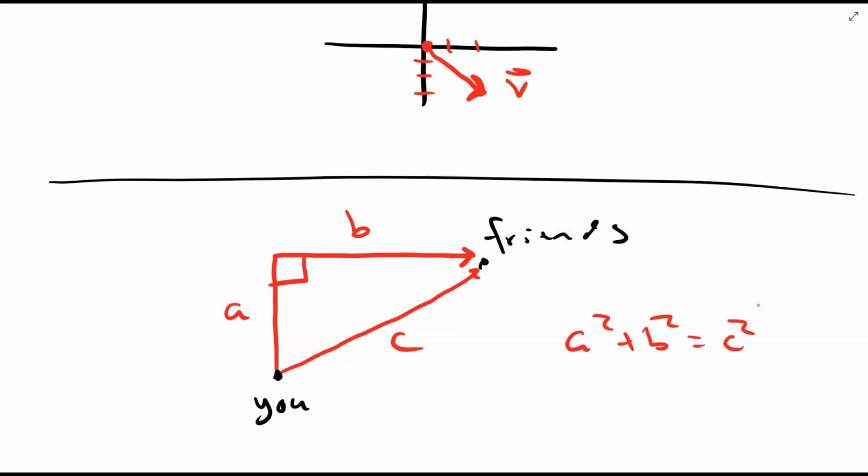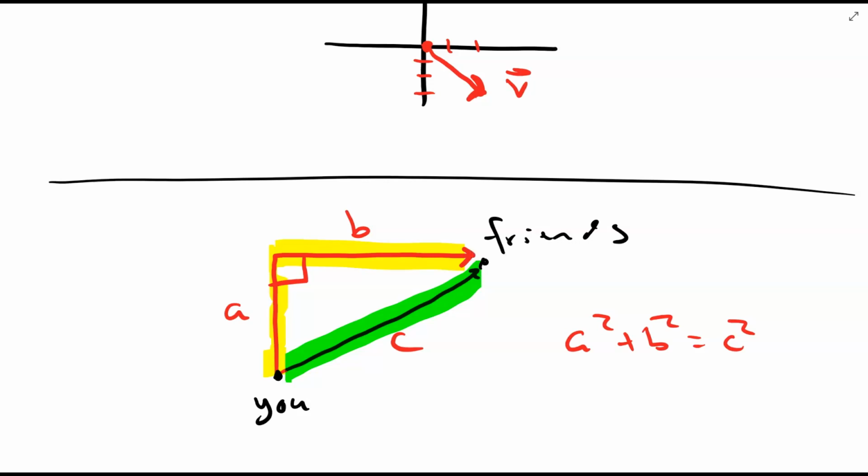So we can use what we know about right triangles to go back and forth between something in component form, which would be like this, and something in that other vector representation where you give a magnitude and direction, which is like that arrow. It's basically just doing trigonometry, SOHCAHTOA, to go back and forth between them.